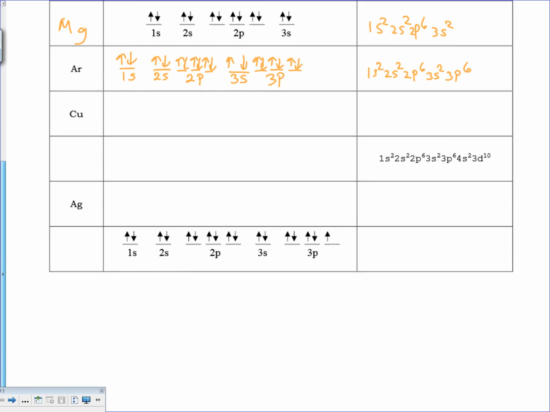So we have 1s, 2s, 2p, 3s, 3p, 4s, and then 3d.